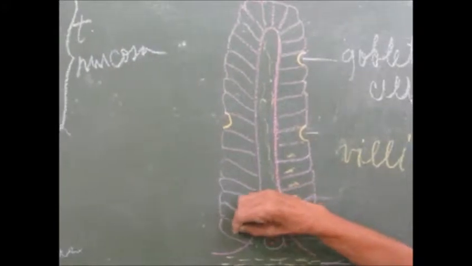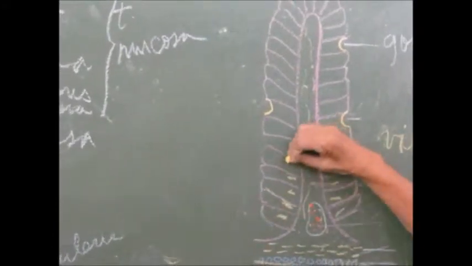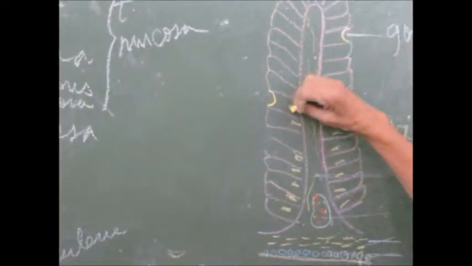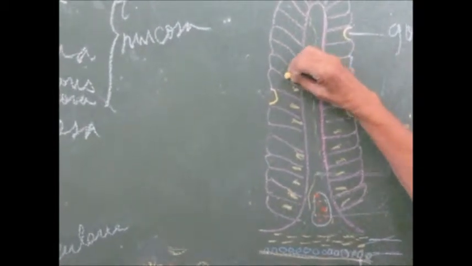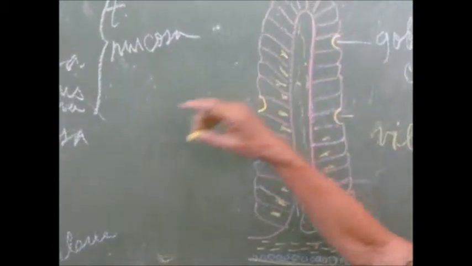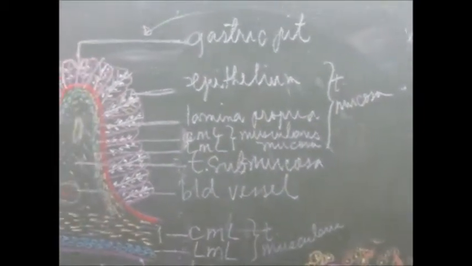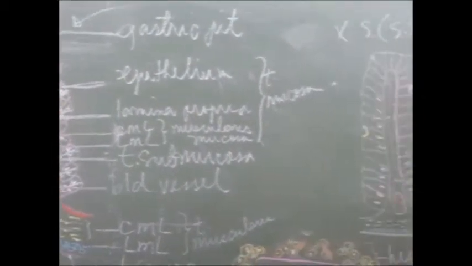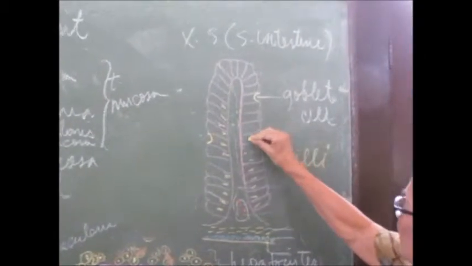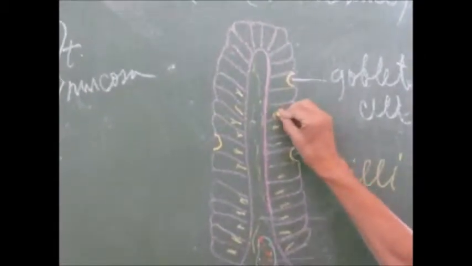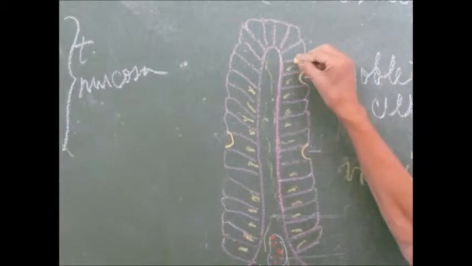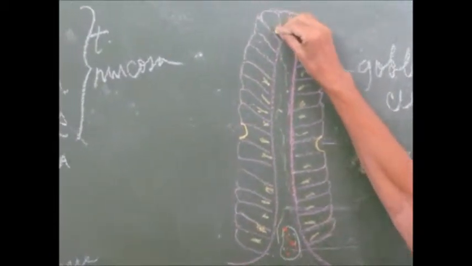That is the nucleus, okay? So only one layer, unlike in the stomach, wherein the ruga has so many columnar cells. Okay. Now, among the ordinary columnar cells, you will find scattered, okay?